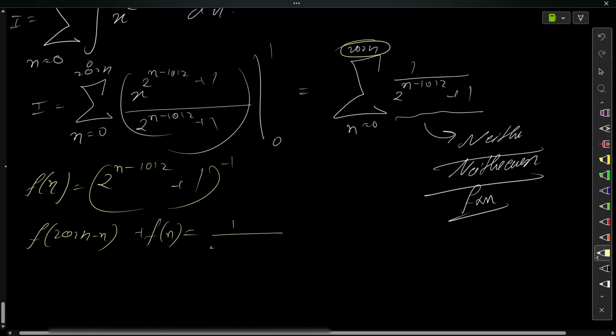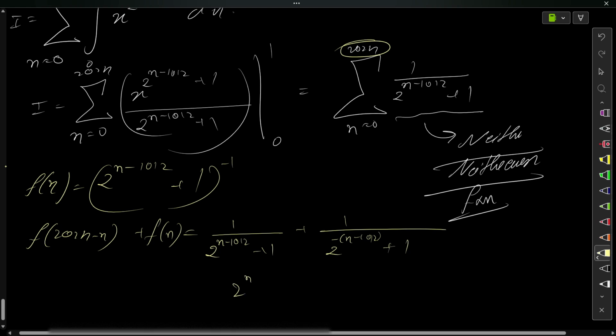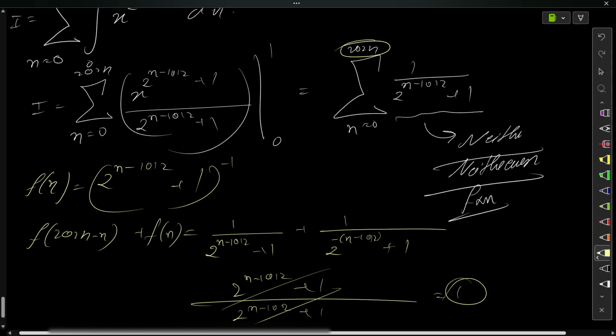So this would be 1 over 2 to the power of n minus 1012 plus 1, plus 1 over, now for 2024, 2 to the power of minus n minus 1012 plus 1. So we are getting 2 to the power of n minus 1012 plus 1 divided by 2 to the power of n minus 1012 plus 1, which is equivalent to 1.